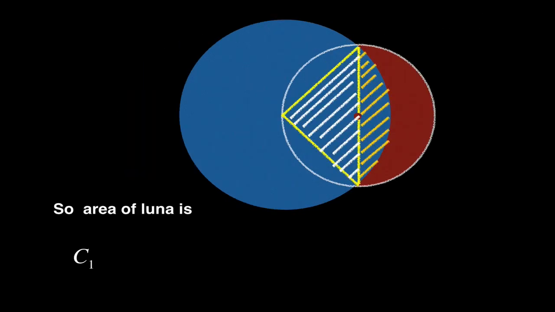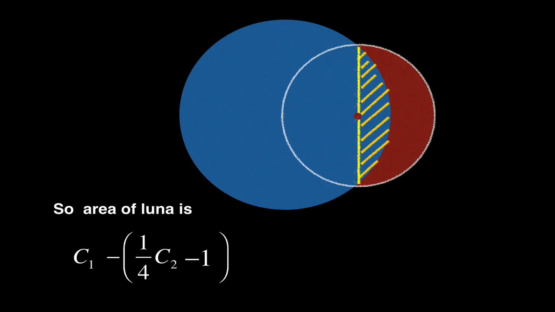So what we have is the red circle, and we're going to subtract 1/4 of circle 2. That's the big arc. And then we're going to subtract 1 from that. And we need to have that in parentheses, right? Because that leaves us with just the yellow part. Okay? So that's important, right?